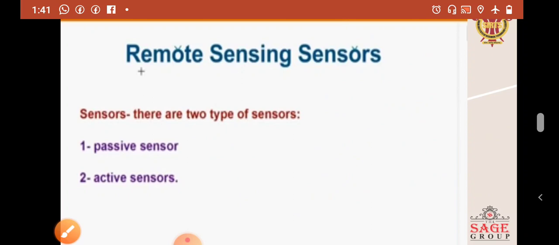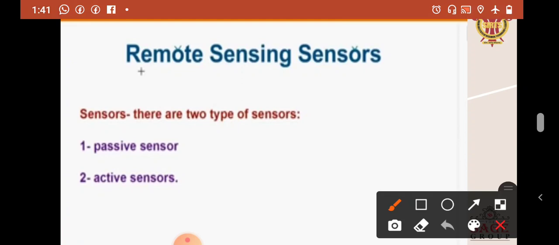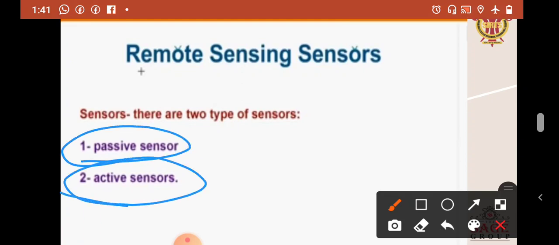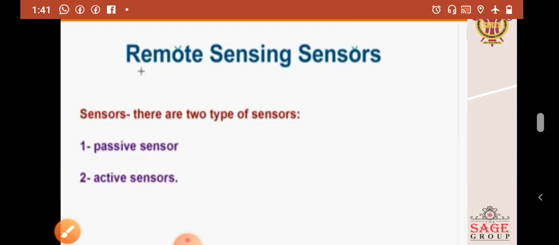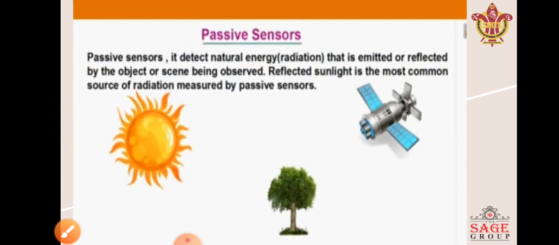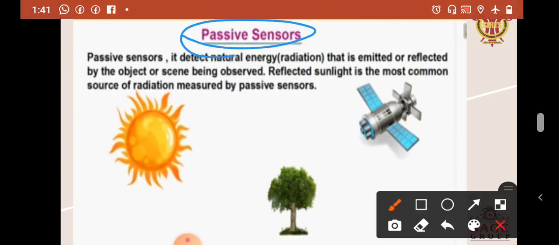Now, there are two types of sensors. First is passive sensor and second is active sensors. Now, passive sensors.